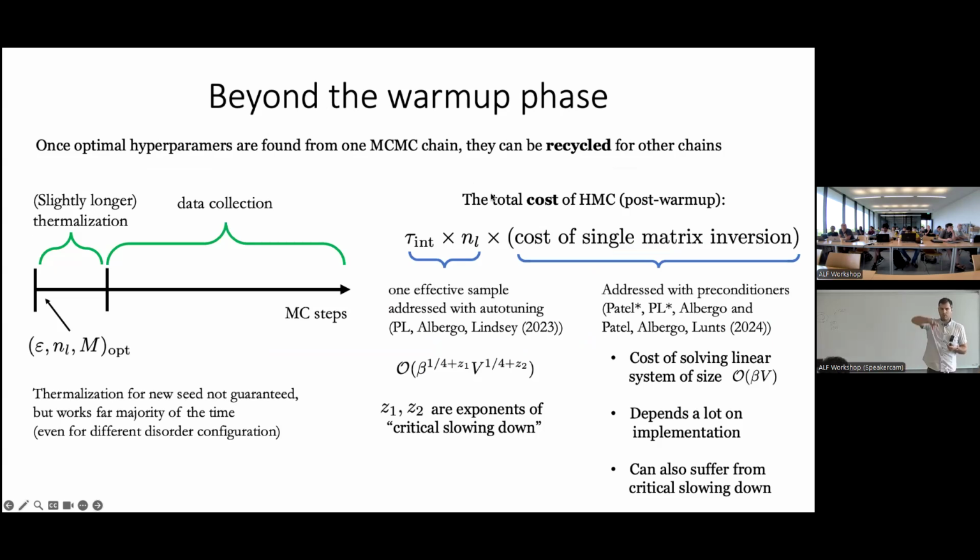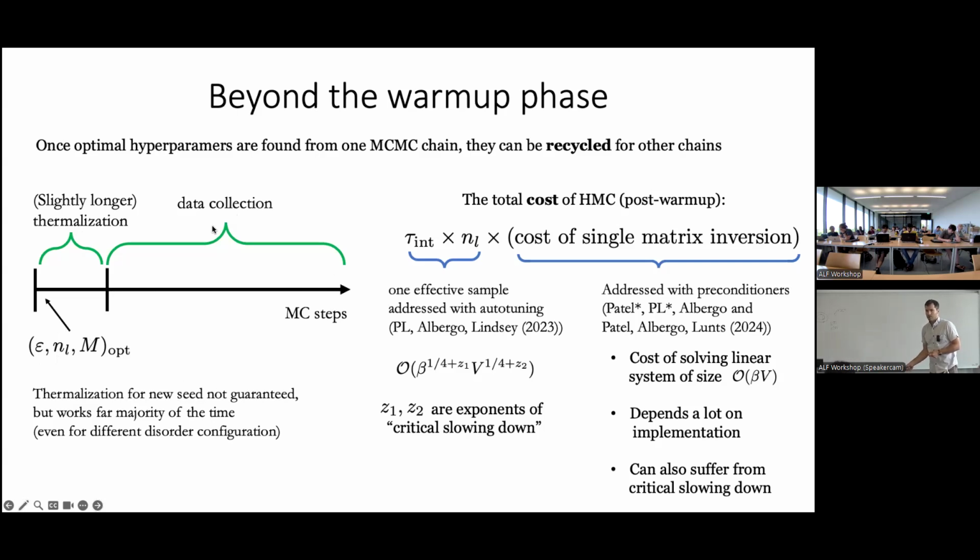So you can run one walker, and then all the other walkers, you can set them after you've computed the warm-up and you recycle. So then you don't need to run the warm-up anymore. You just run a thermalization again. Maybe you want to make it slightly larger, just to be safe. But then you start off with basically the optimal values that you pre-computed. And then you collect the data.